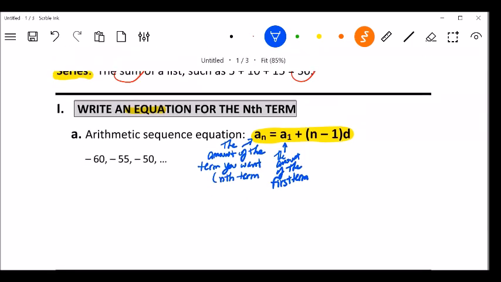The n is the number of terms, and the number of terms here is the term that you want. So if you want the amount of the 23rd term, then the n would be 23. And finally, the d is the common difference.